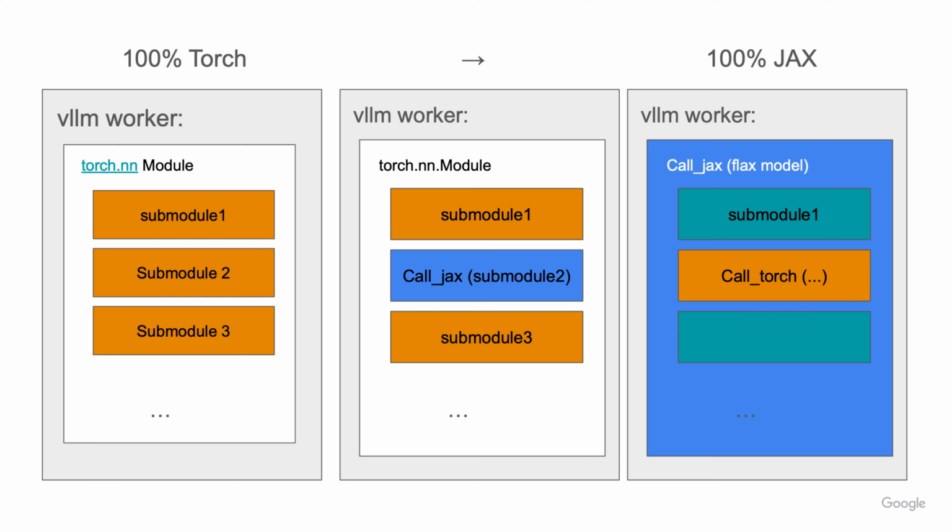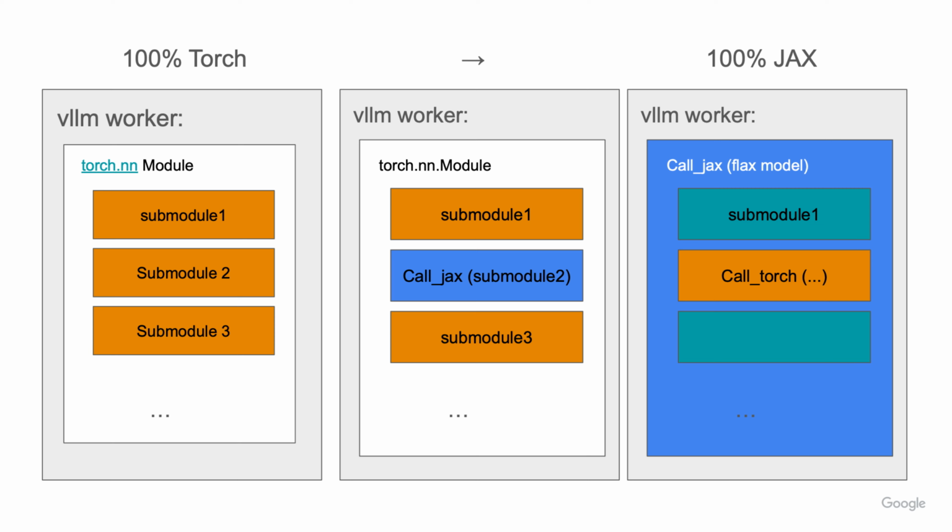for another JAX module wrapped with core JAX, and from the vLLM worker's perspective, it doesn't know that inside there's core JAX. It just gives it a bunch of tensors and gets a bunch of tensors back. It flows nicely through here. And then as time goes by, you can even choose to replace the entire module with core JAX. So maybe everything is JAX.